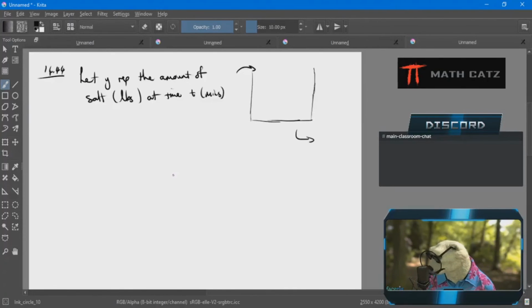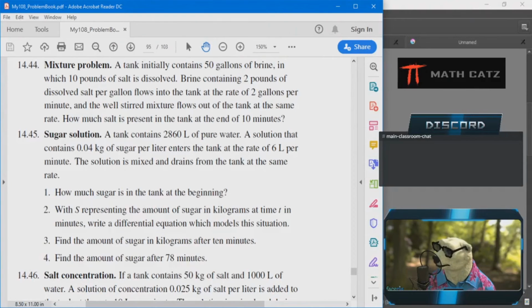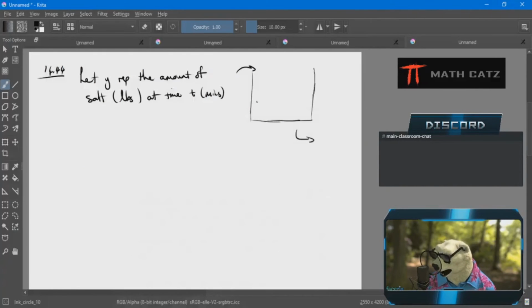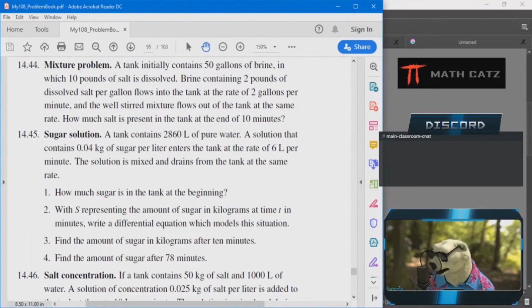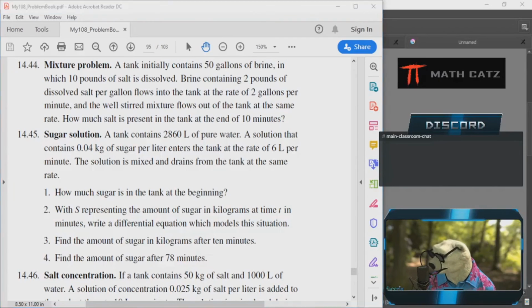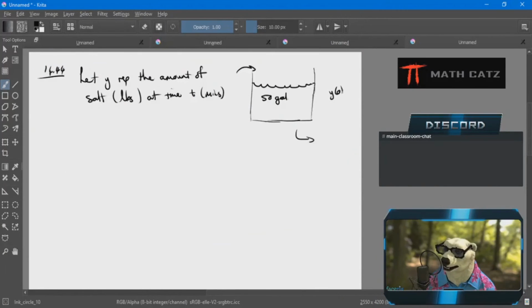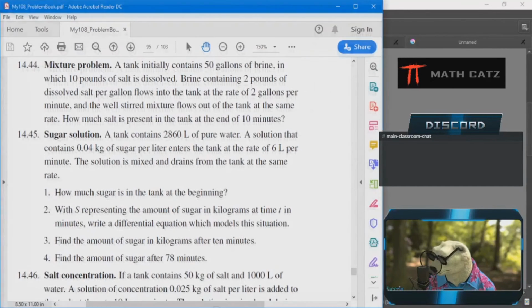Okay, let's see what we have here. So I have 50 gallons in my tank. 50-gallon tank. Initially, I have 10 pounds of salt. Okay, so my y0 is going to be 10. Then I have brine coming in.